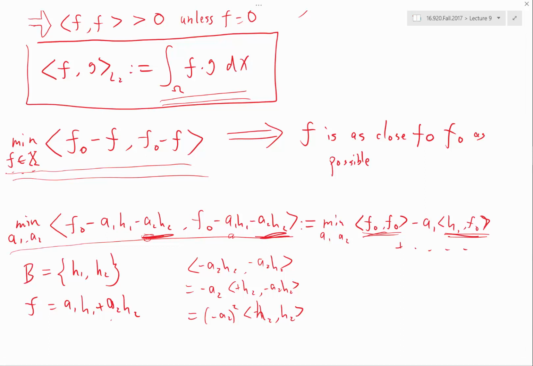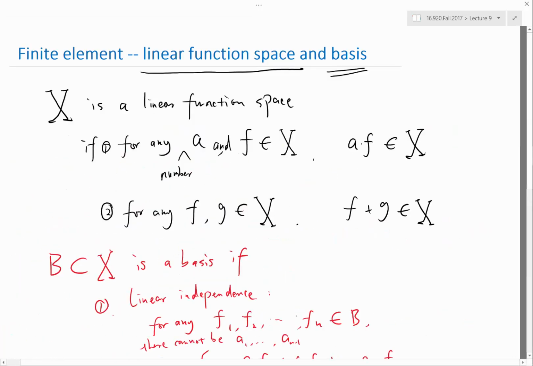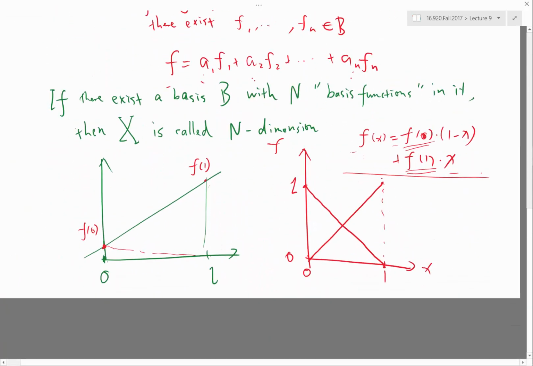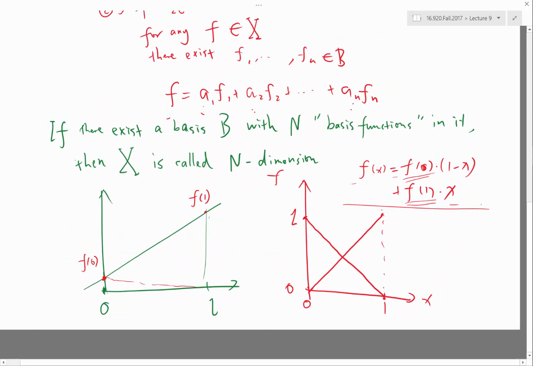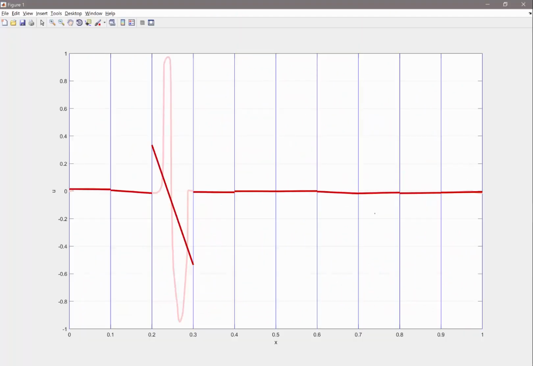Can you explain again the meaning of the basis function? In this case, h1, h2, how does it relate to the previous plot? So h1 and h2 are functions that go from 1 to 0 and from 0 to 1. h1 is a function that goes from here to here, h2 is a function that goes from here to here, right?